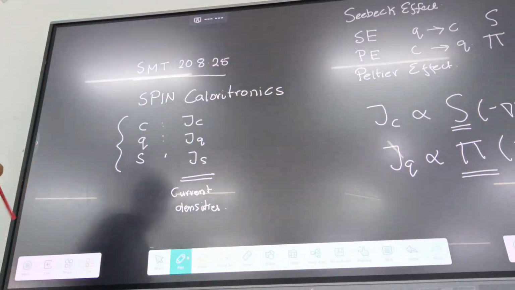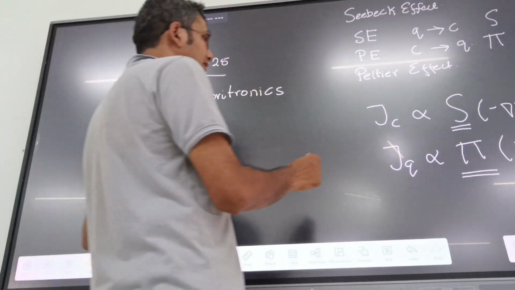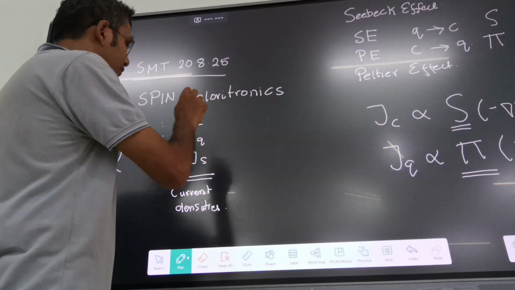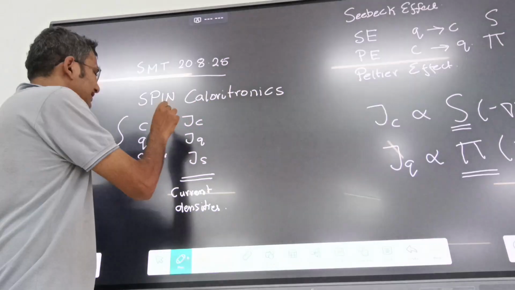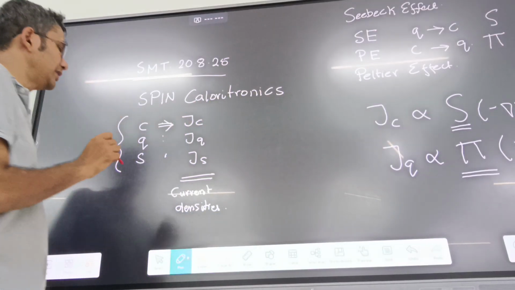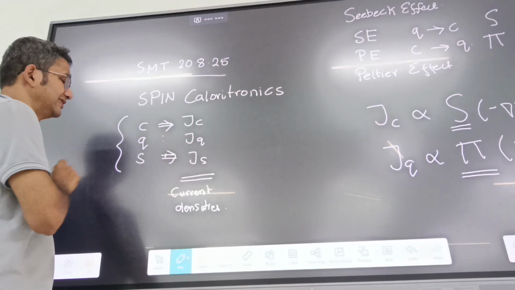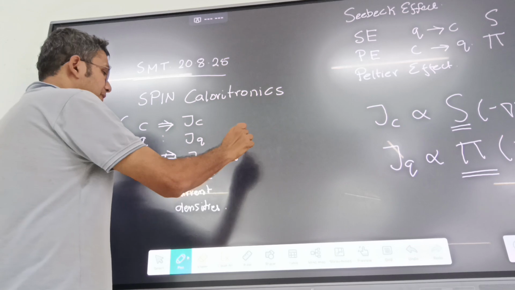Right. Similarly, instead of the normal charge current, there is something called a spin current.